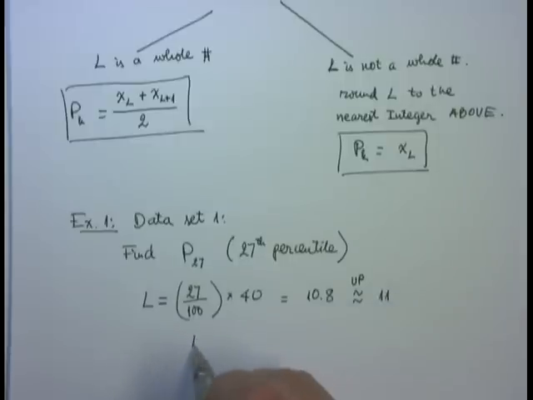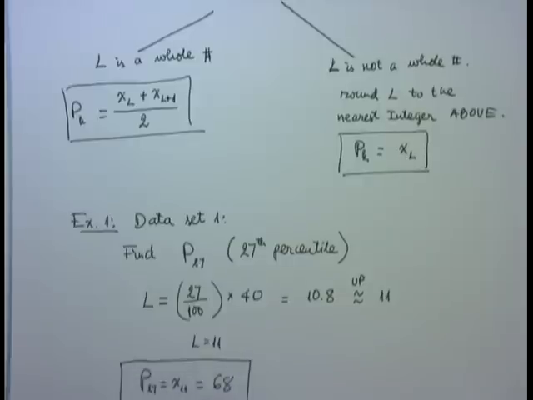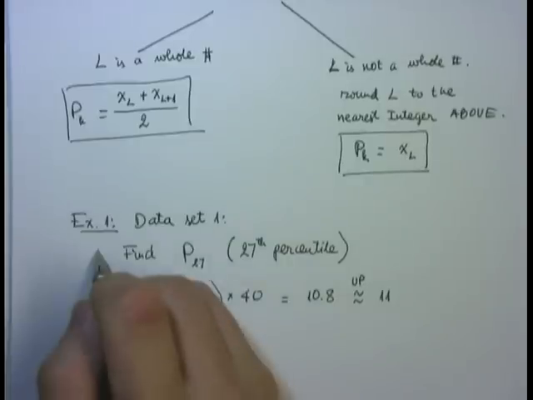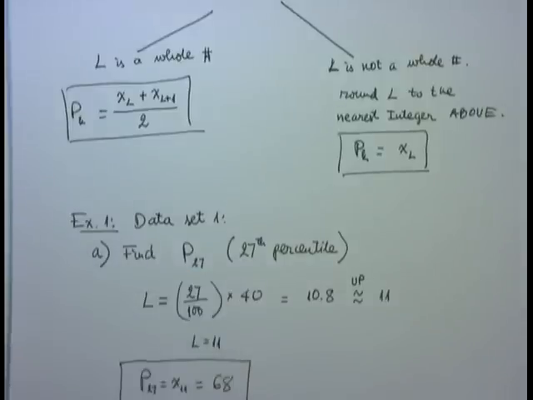L equals 11 tells me that on my list of data set 1 I have to locate my 11th value. My P sub 27, or 27th percentile, is going to be my 11th value on the list, and according to my list, that would be 68. So 68 is my 27th percentile. That's how you find it in part A.